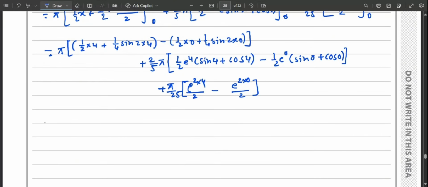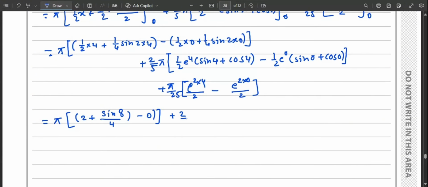Now calculating this, we get pi into, inside the brackets, so now this gives us 2 plus sine 8 by 4 minus 0.